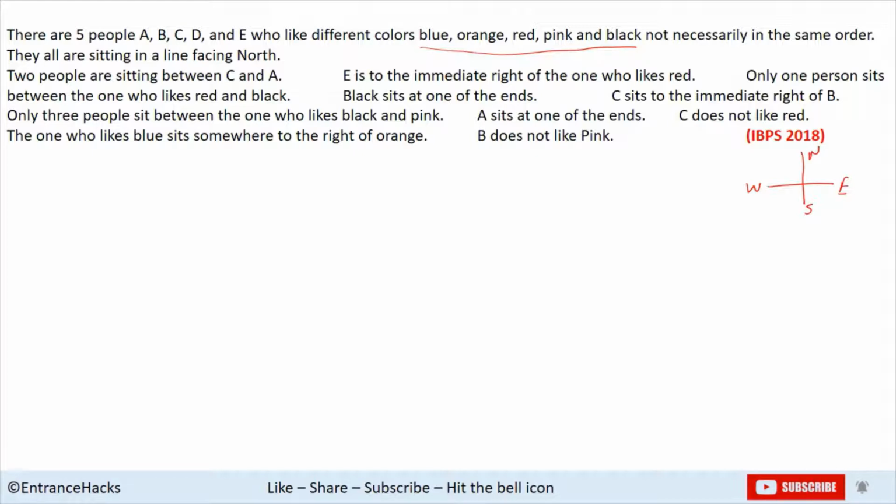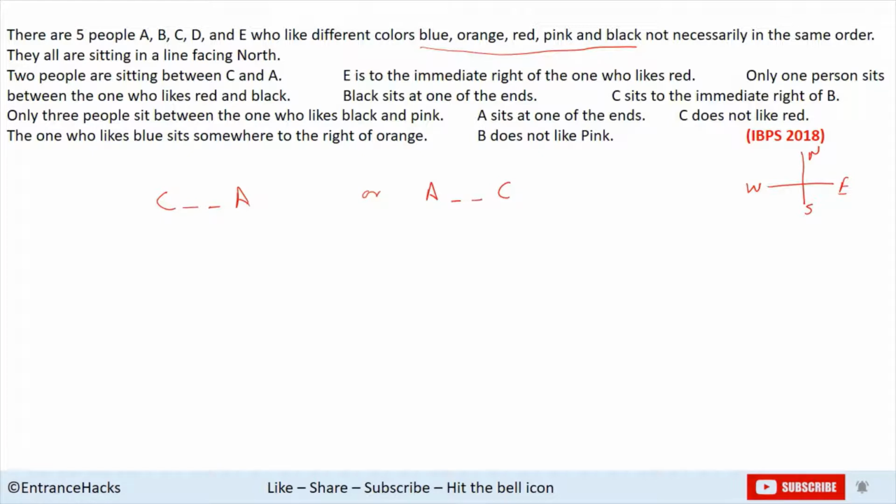The first statement says 2 people are sitting between C and A. So what we can write is there are 2 options. C and A could be like this, or they could be sitting like this.